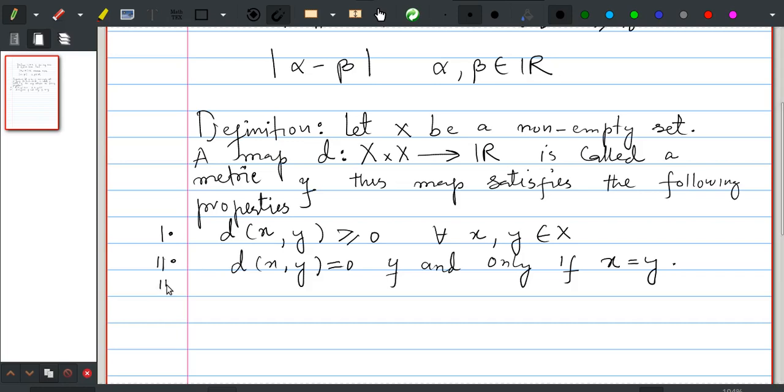And we have axiom third, which states that the distance from x to y is the same as d of yx. This axiom is sometimes called the symmetry of d.